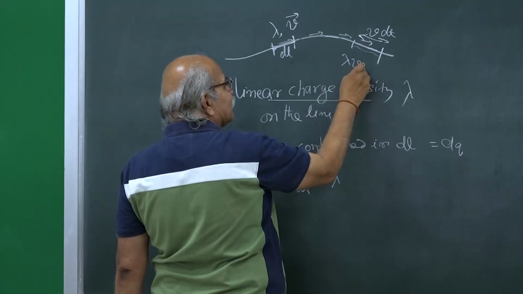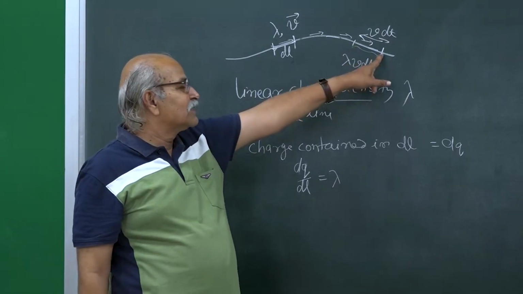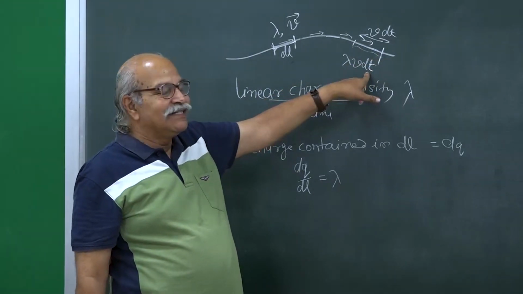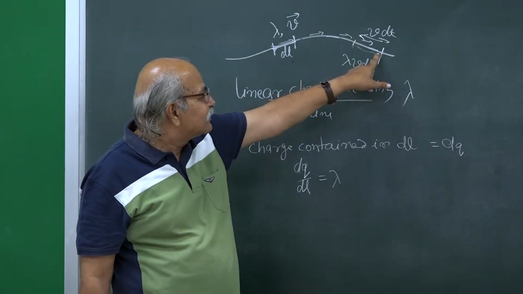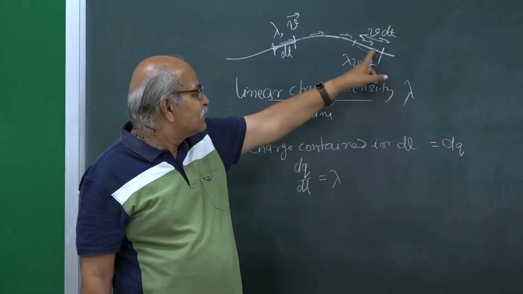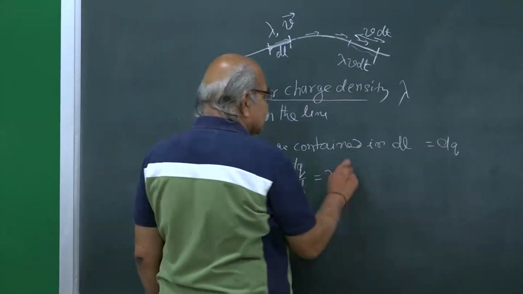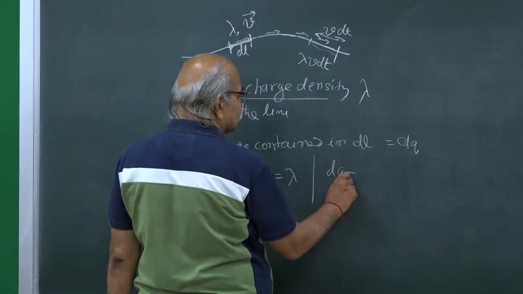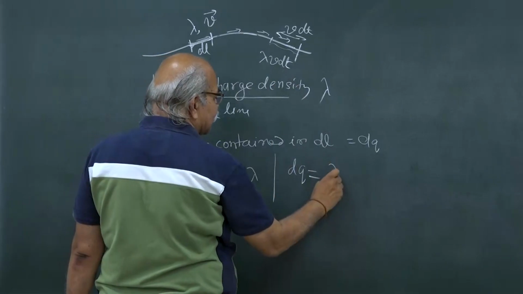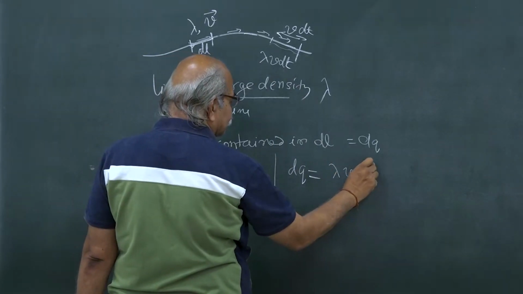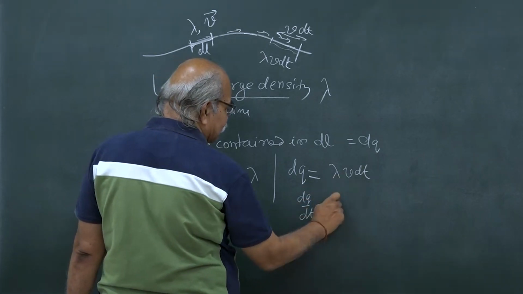That is lambda into v into dt, and in time dt this whole charge will cross this point, because in time dt everything travels v dt. So all the charge in this length must have crossed here. That is the charge dq crossing this point in time dt, and that is lambda times v dt.